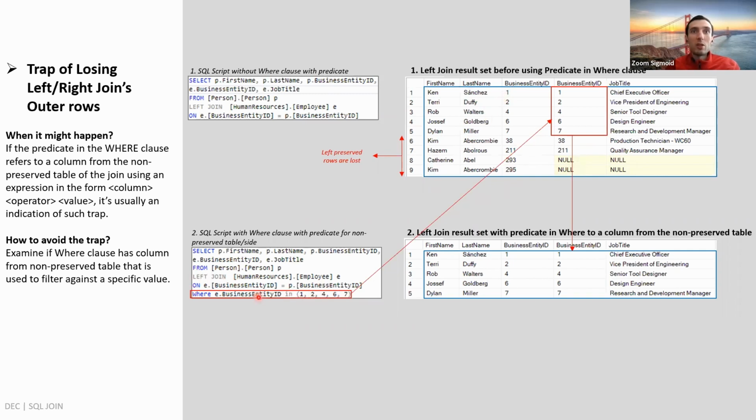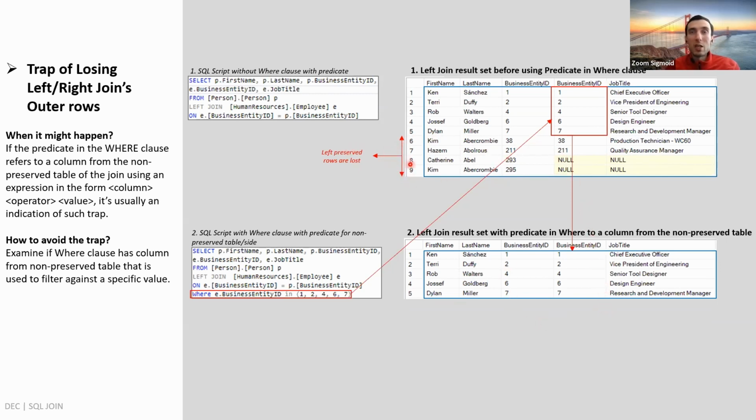And you assume that if you put it in the where clause, you would have all these records from the left table and these records, 1, 2, 4, 6, 7. While it's not the case, because you will have this result. These outer rows will be filtered out. These 4 rows which are preserved, they will be filtered out.